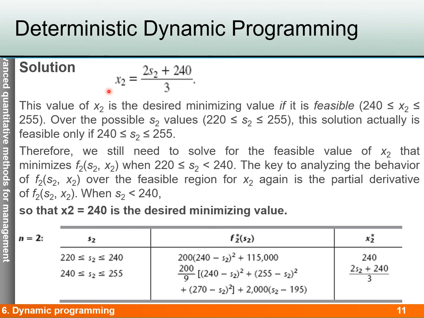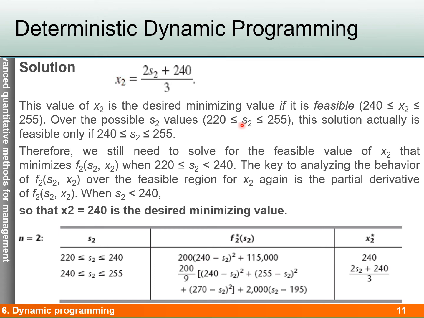In the previous slide, we calculated X2 with this equation, but there is a point that I should let you know here. To understand that every element of X2 is correct in its interval, we should check that for all S2s, all X2s are in their interval.